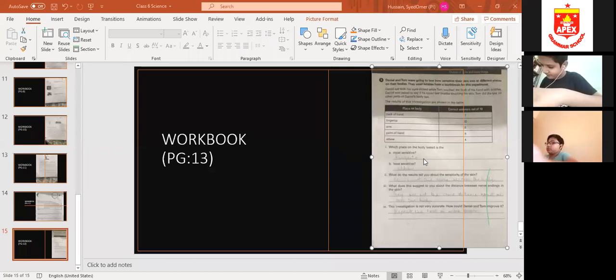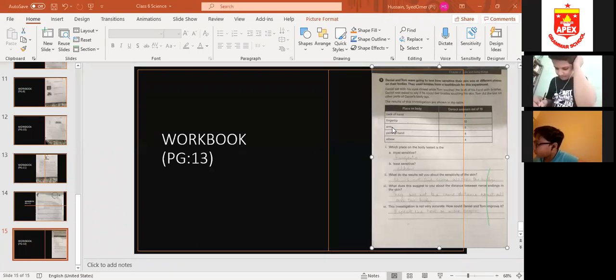Write the answer of question number 3: they are not the same distance apart all over the body.